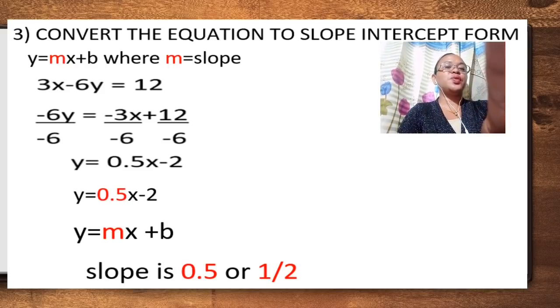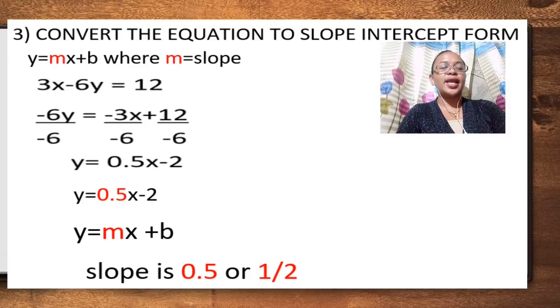So you transpose positive 3x, it becomes negative 3x, and then plus 12. You divide negative 6y by negative 6, so it becomes y equals negative 3 divided by negative 6 is 0.5, positive 0.5. And 12 divided by negative 6 is negative 2.